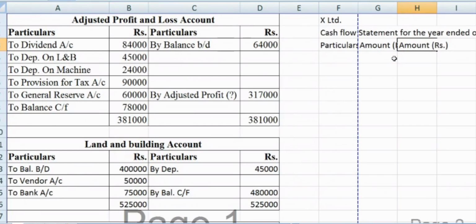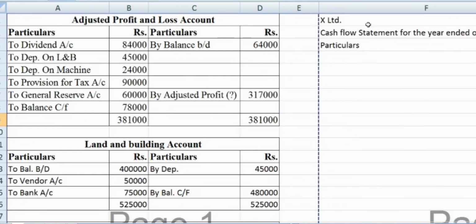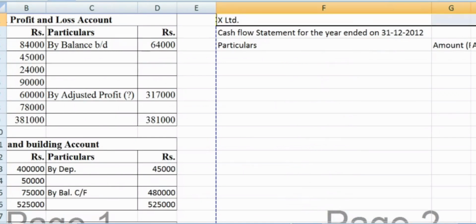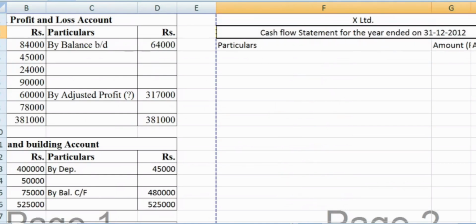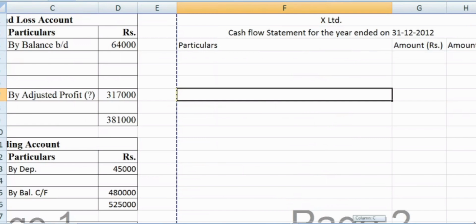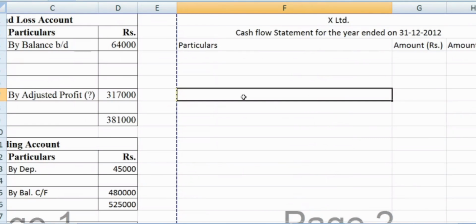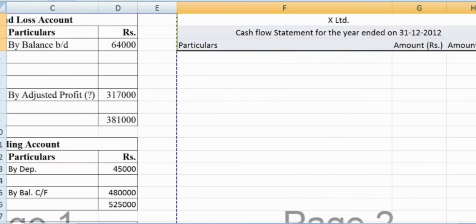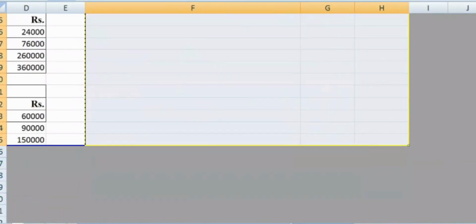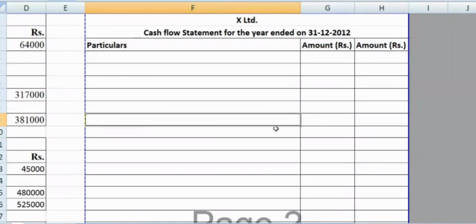Let me adjust this a bit. So these are your headings and all that. Your cash flow statement is ready. Let's put it in bold and make the lines. So your cash flow statement is ready.